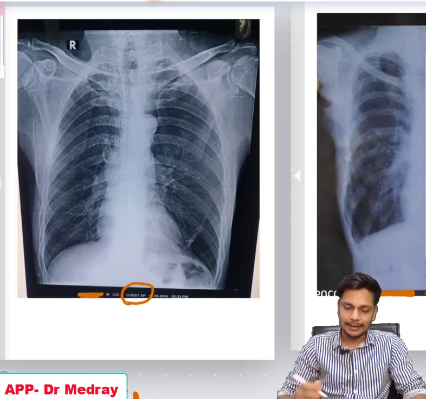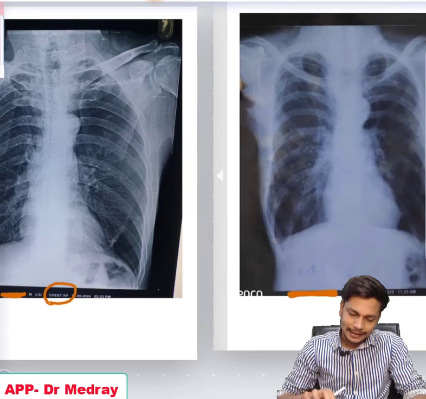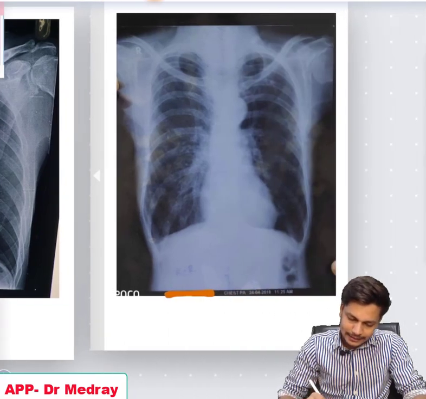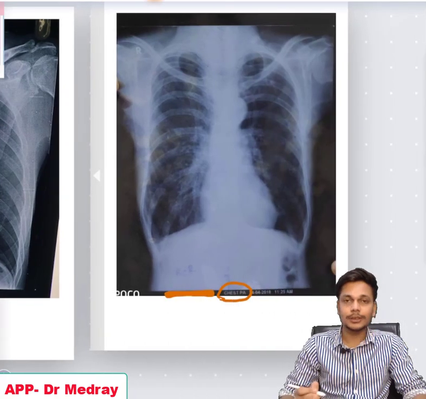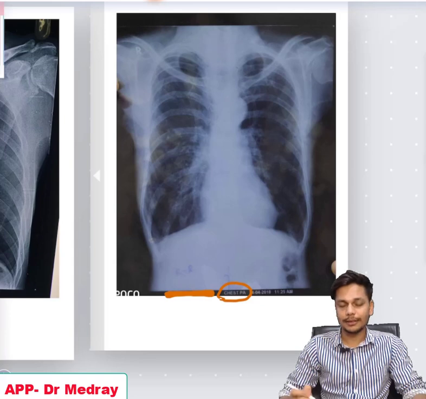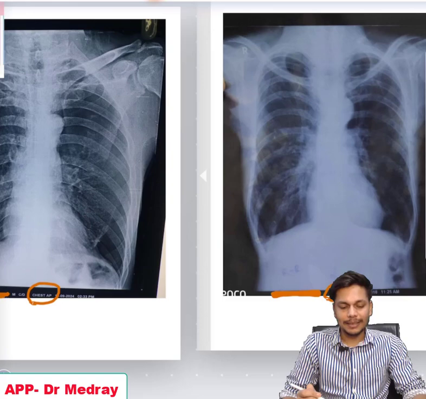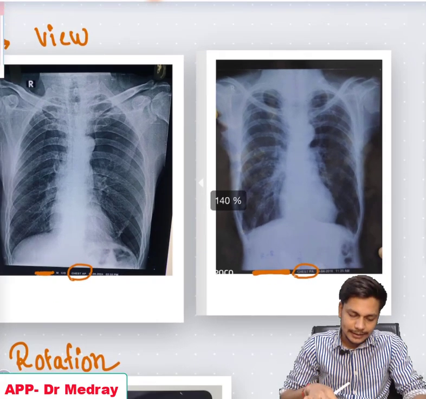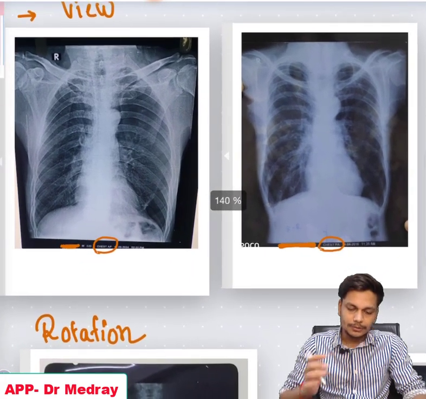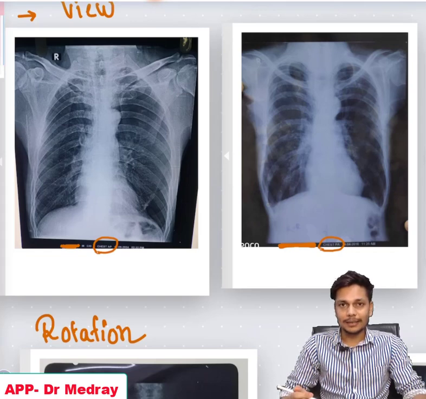In the second image it is written chest PA view. But how do we differentiate by looking at the image whether it is an anteroposterior or a posterior-anterior view? So we will compare the views.